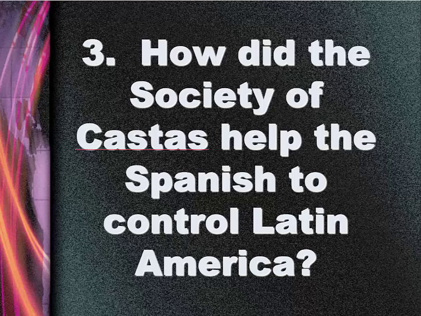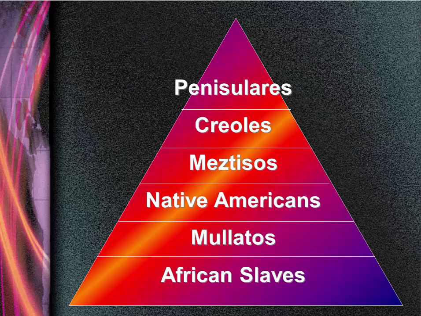So that whole system, you probably remember from last year, you have the peninsulares at the top, and the peninsulares are those who were born in either Spain or Portugal. That's why it's called the peninsulares, because they're from the Iberian Peninsula. And then you have your Creoles, which are your Spanish born in the Americas.